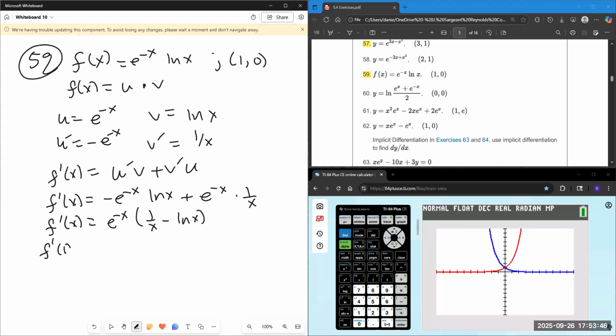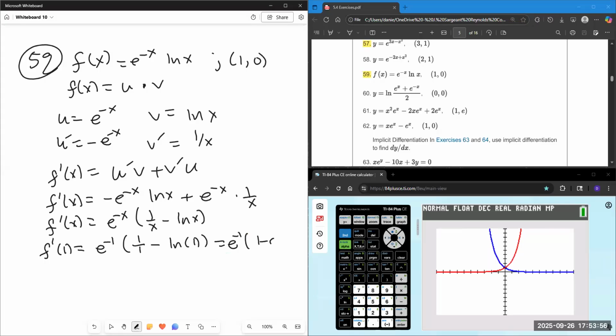Let's stick in 1. So e to the negative first times 1 over 1 minus ln of 1 is equal to e to the negative first times 1 minus 0. f prime of 1 is equal to e to the negative first times 1, which is e to the negative first, for our slope.